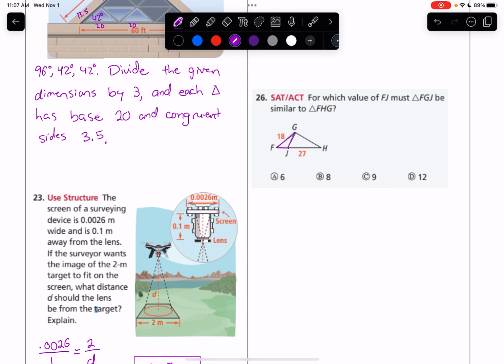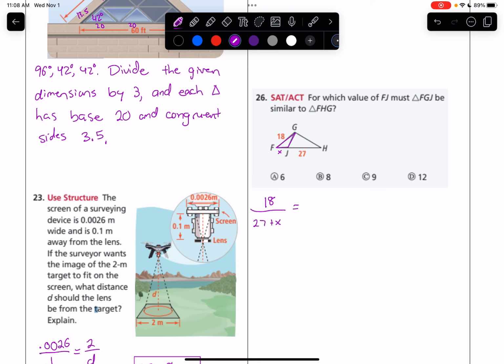And we want to say what makes it similar to the whole triangle. So if I'm thinking about this, I can make a proportion, and this proportion is going to include the long side of the little triangle and the long side of the large triangle. I'm going to call that piece an x. So I'm going to say the long side, 18, over the long side of the large triangle, 27 plus x.